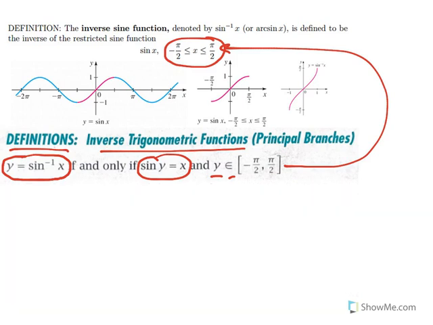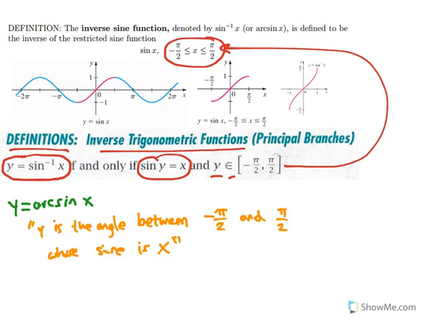An alternative way of writing the inverse sine function is y is equal to arcsine of x. They mean exactly the same thing, and what they mean is this: y is the angle between -π/2 and +π/2 whose sine is x.